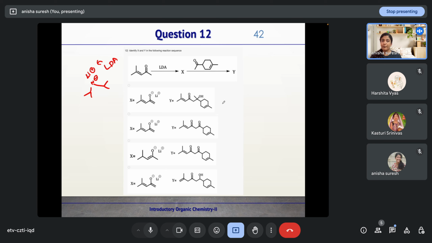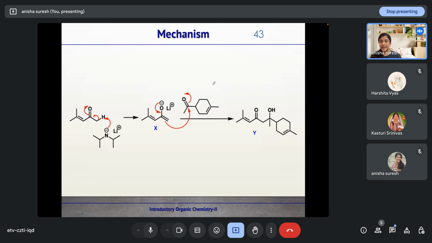So this is also an example of an aldol reaction. These are the alpha hydrogens that are present. LDA can abstract those alpha hydrogens, leading to formation of this lithium enolate.